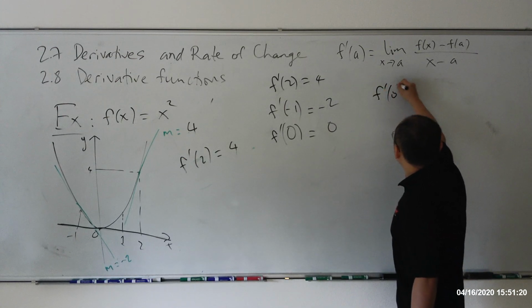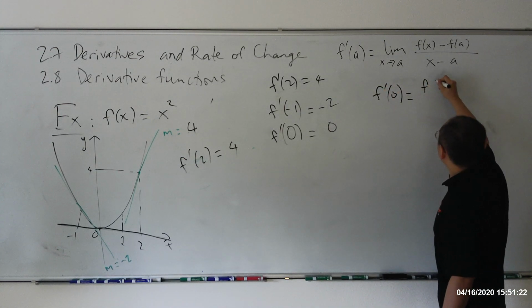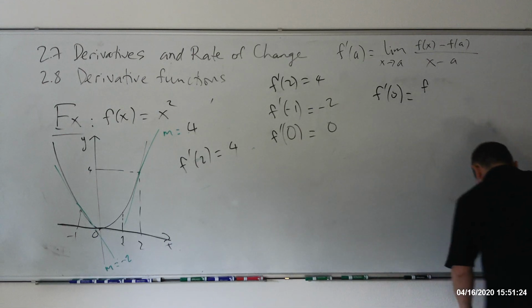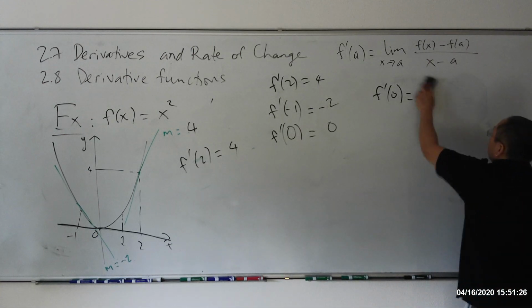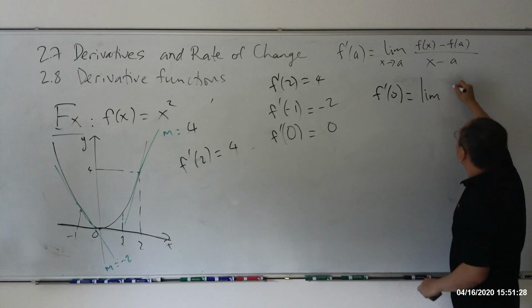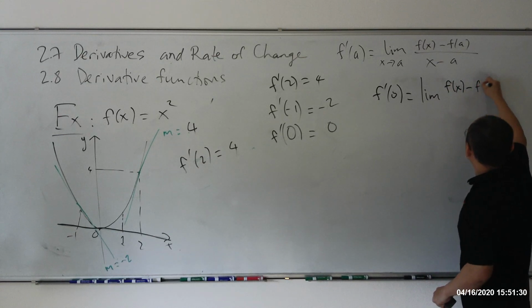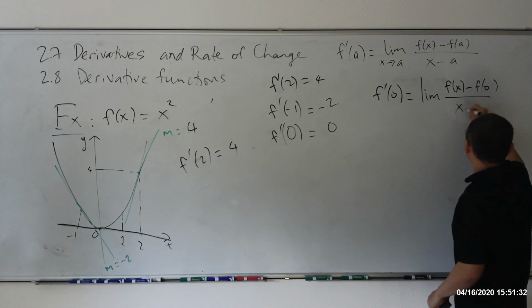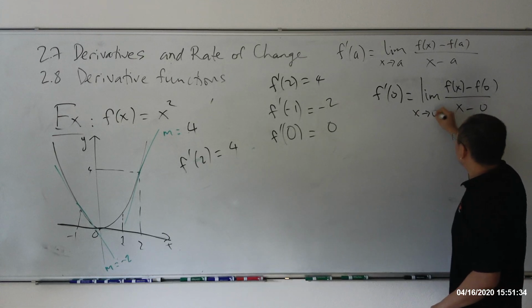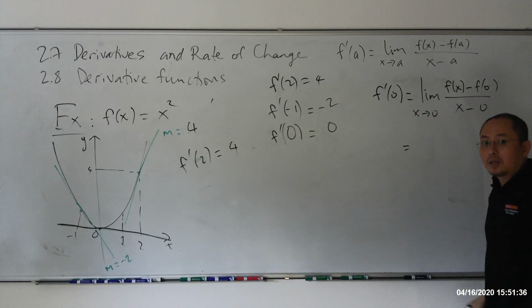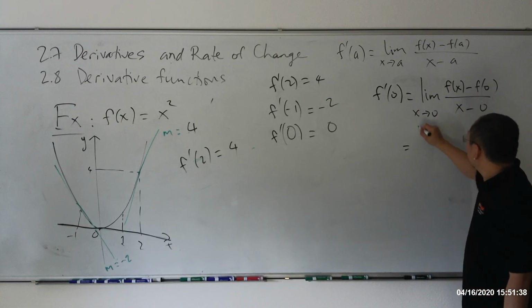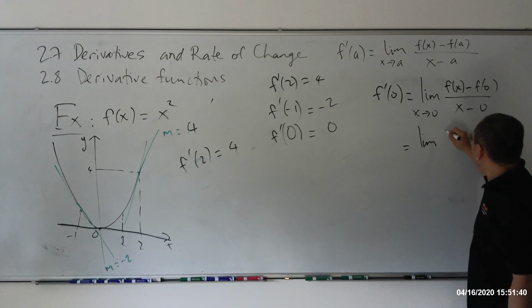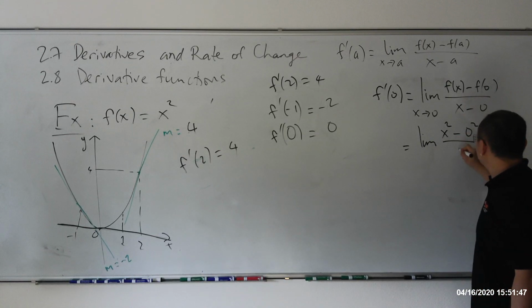F prime of 0 is equal to the limit. Don't forget the limit. The limit of f of x minus f of 0 over x minus 0 when x approaches 0. We plug things in. F of x is x squared, f of 0 is 0 squared, which is 0, and x minus 0 is just x.